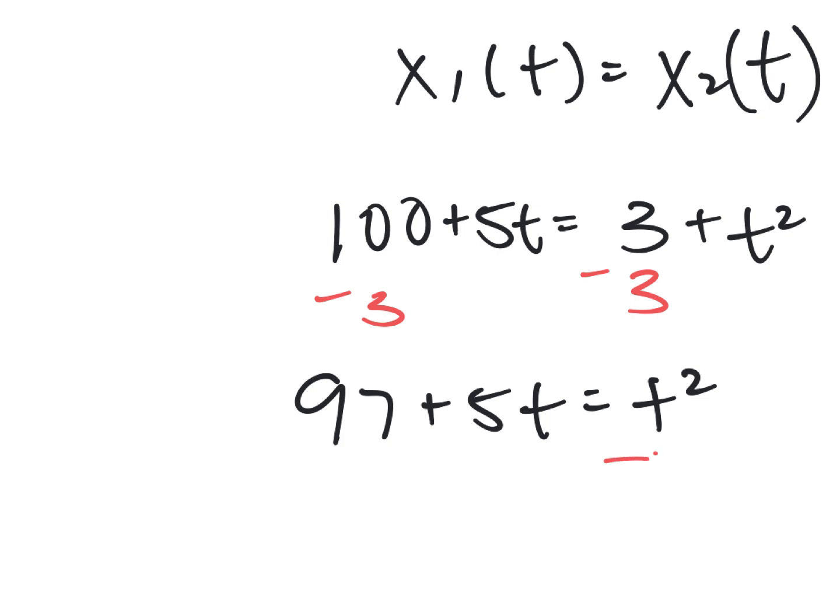And then we'll subtract t squared from each side so that we have negative t squared plus 5t plus 97 equals 0. And with this, we can use the quadratic equation.